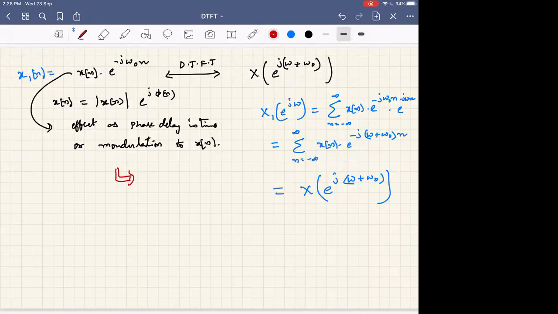So if there is a phase delay here, there is advancement, or a shift, in frequency, in the frequency domain. Is this clear? Then we will discuss other properties.